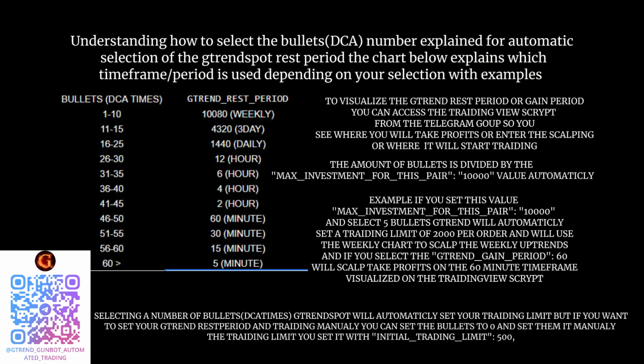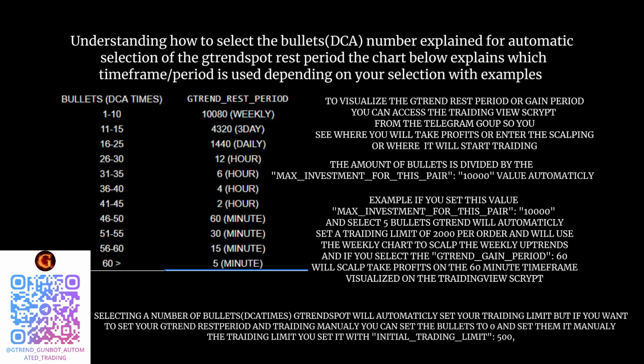All you have to do is choose the bullets and the periods, as well as the trading limit, and everything else will be set automatically. You pretty much only need to set the bullets that you want. For example, if you choose 5 bullets, this will trade on higher time frames.